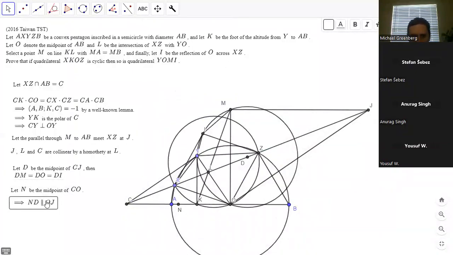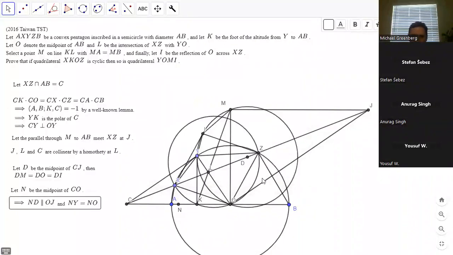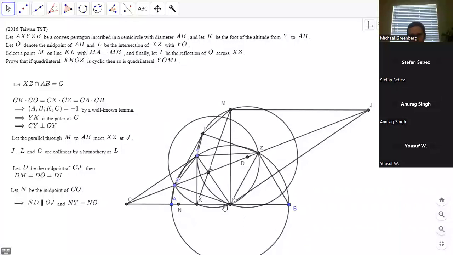And we have NY equals NO, because CYO is a right triangle. So NY equals NO, and we wanted to show that DY equals DO.